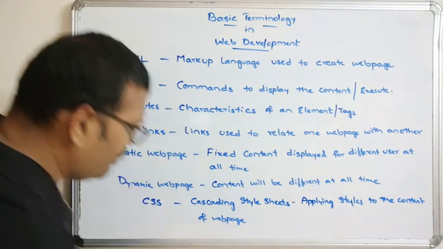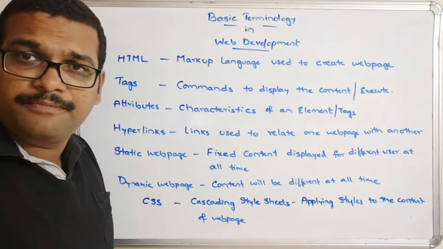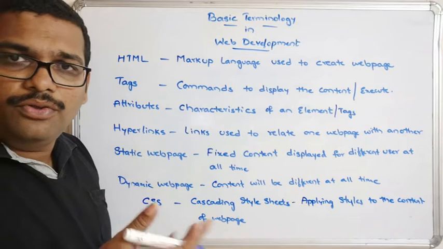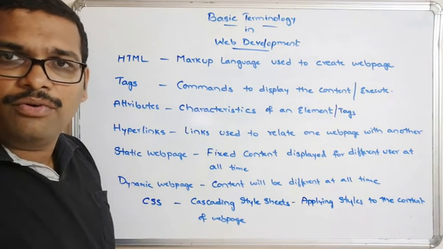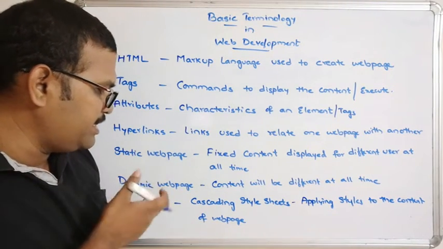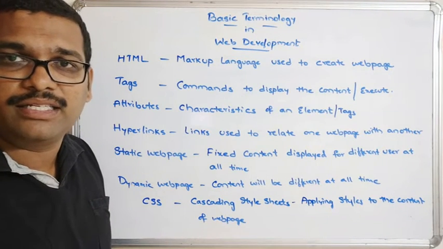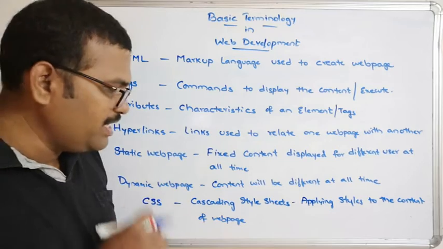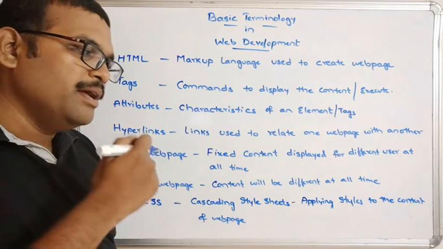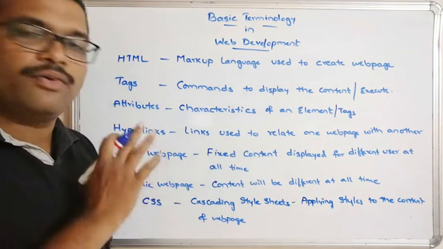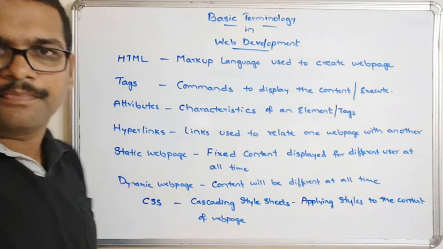We have different types of CSS. You can refer to the sessions on HTML and CSS I have already uploaded. I will post the links in the description. So CSS means cascading style sheets, applying styles to the content of the web page.